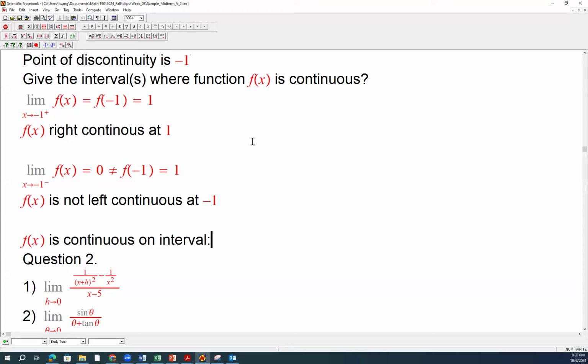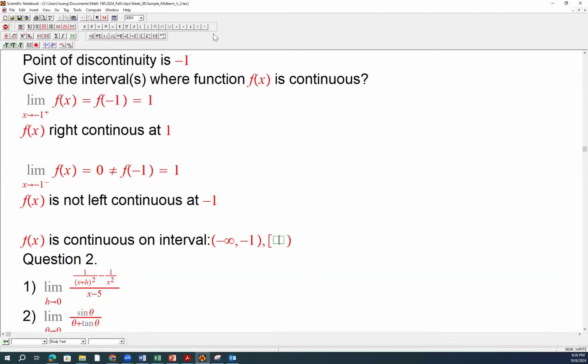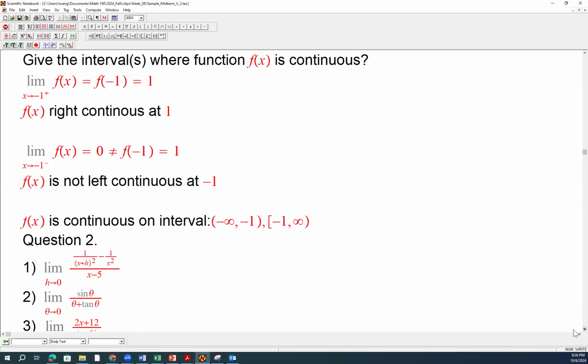There are two intervals. One is from -infinity to -1, where from the left it is not continuous. And the other one would be right continuous at -1, so -1 to positive infinity. That's it. That's all for the first question.